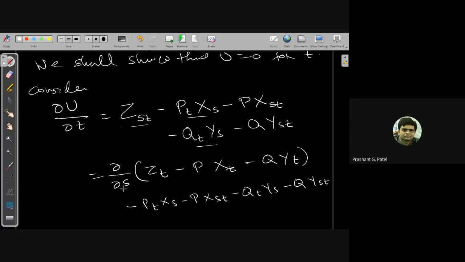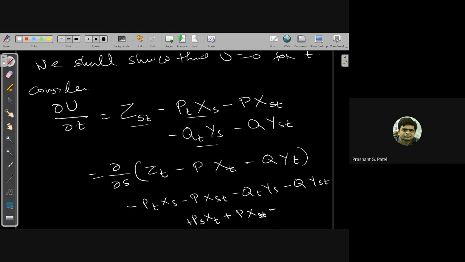Here you just observe that these four terms are already there. The first term is del by del s of this. Here I have subtracted two terms: the derivative of p x_t with respect to s gives me p_s x_t plus p x_st. Here I have subtracted, so I need to add plus p x_st. But p x_st is already there, so that will get cancelled out.